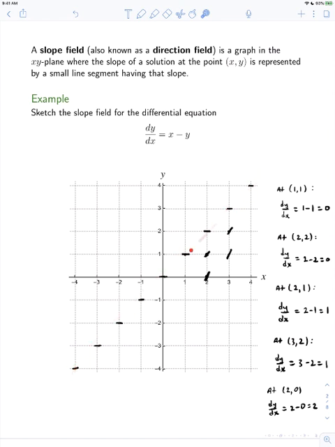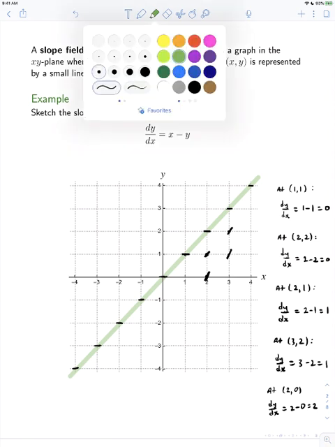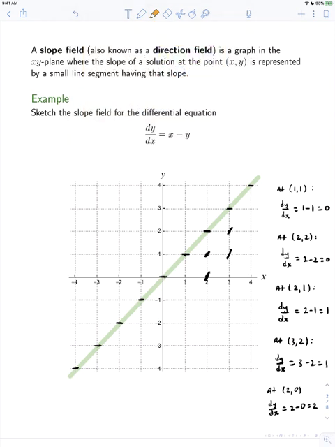So along the line y equals x, all of the slopes are the same. Similarly, let's just change the color here. If we look at, say, y equals x minus 1, which is here, all of the slopes along this line are equal to 1. They all look like this.